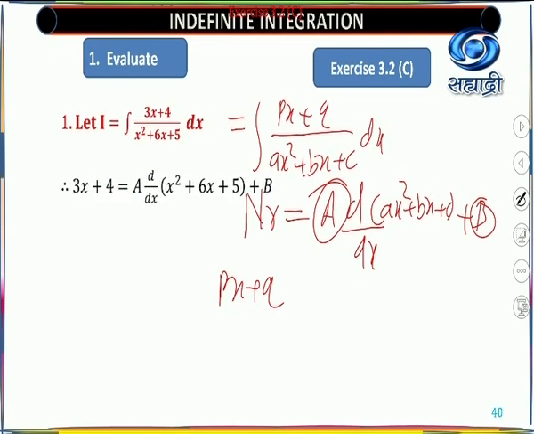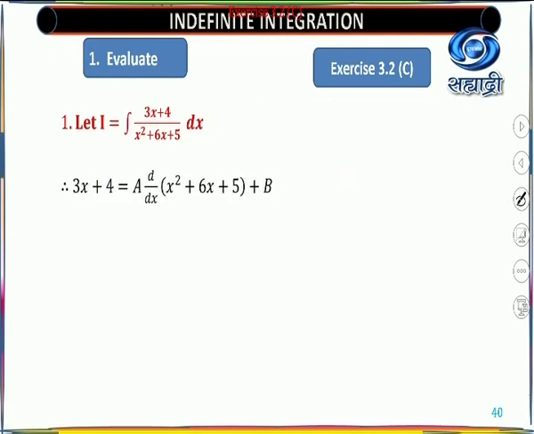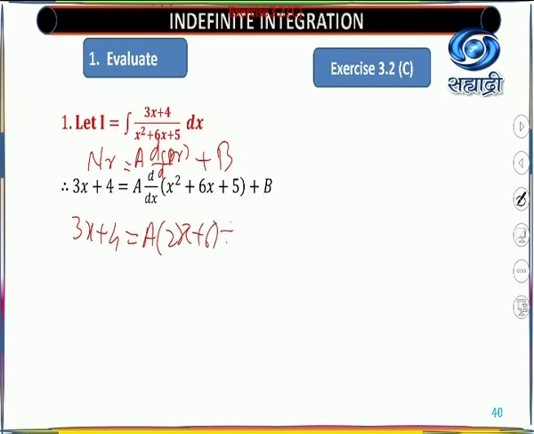Our beginning will be 3x plus 4. As usual, this is your numerator equal to a unknown times the derivative of the denominator. What is in the denominator? The denominator is x square plus 6x plus 5, plus b. Now 3x plus 4 is equal to a into the derivative, which gives 2x plus 6, plus b.